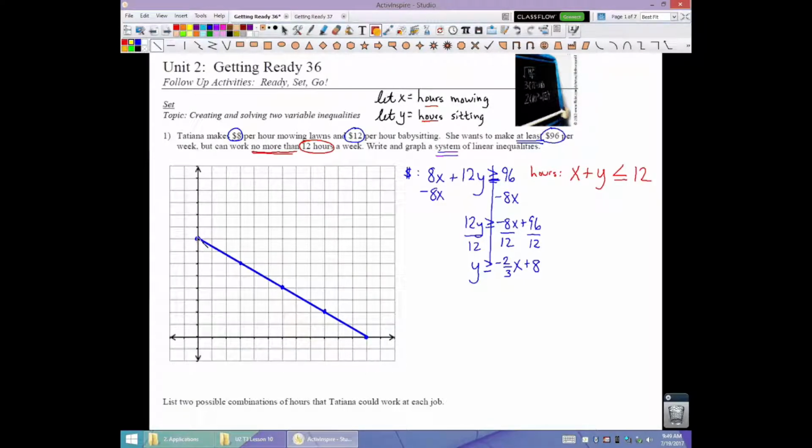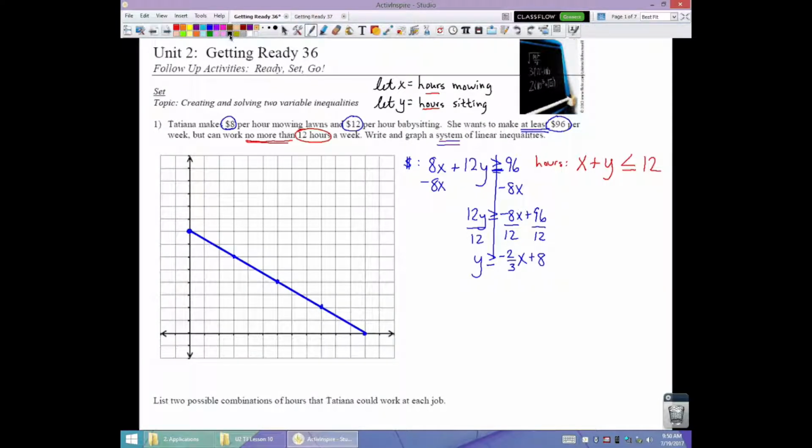Now, notice I stopped my line at the x-axis and y-axis, at the intercepts, because this is actually a scenario. This represents something. The x-axis down here represents hours spent mowing, and the y-axis is hours babysitting.